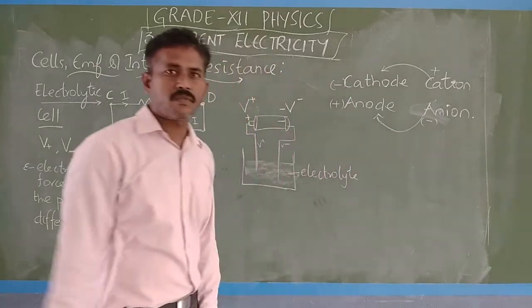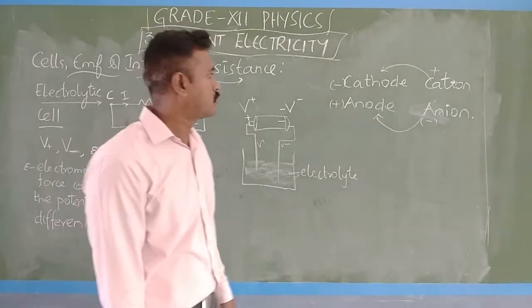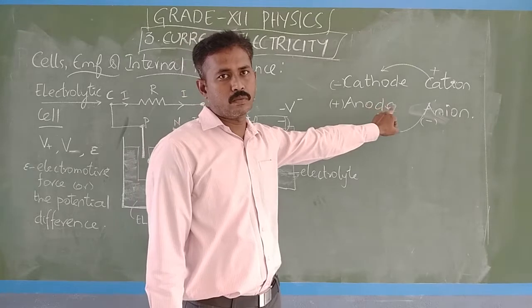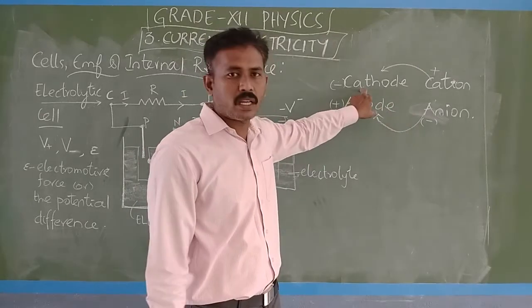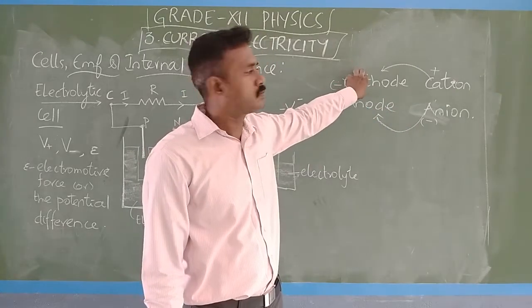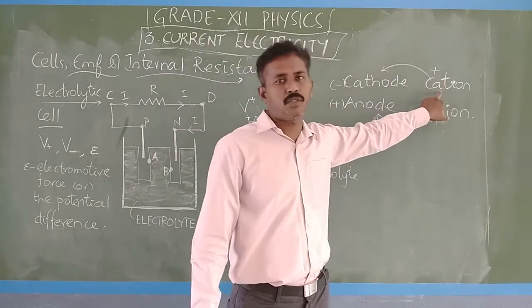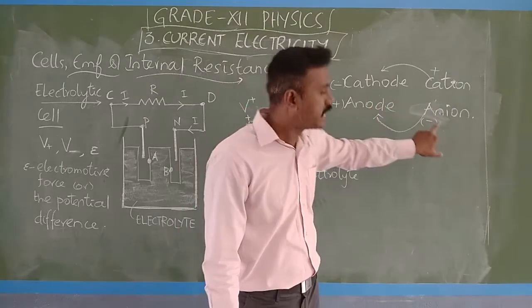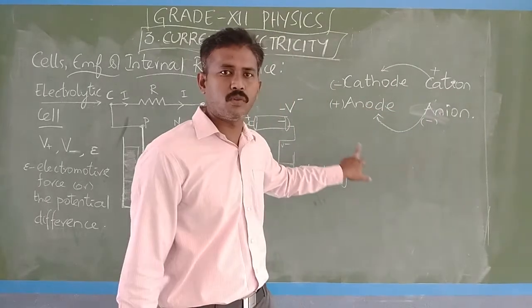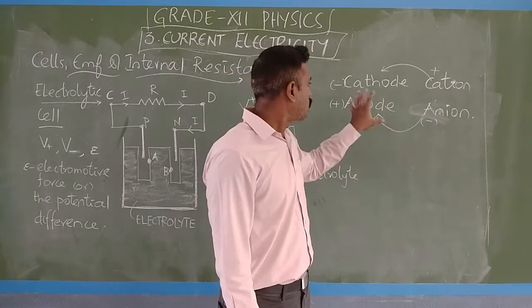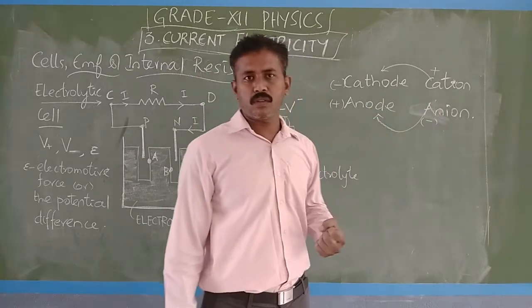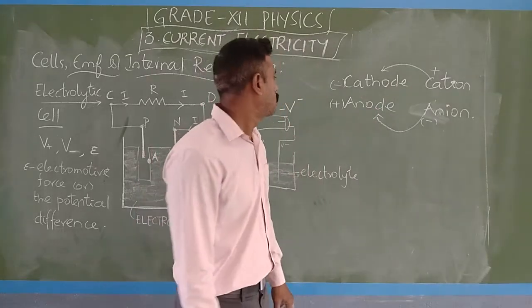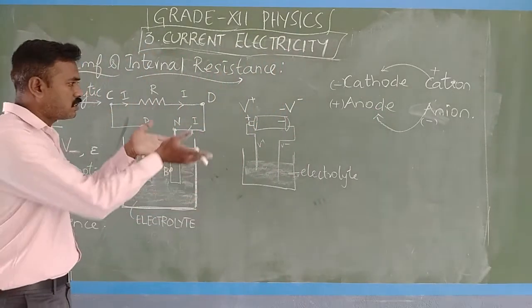Because the cathode is a negative rod and the cation is a positive charge, a positive charge moves toward the negative side, and a negative charge moves toward the positive side. So the anode will pull the anions and the cathode will pull the cations of positive charge. This is very clear.